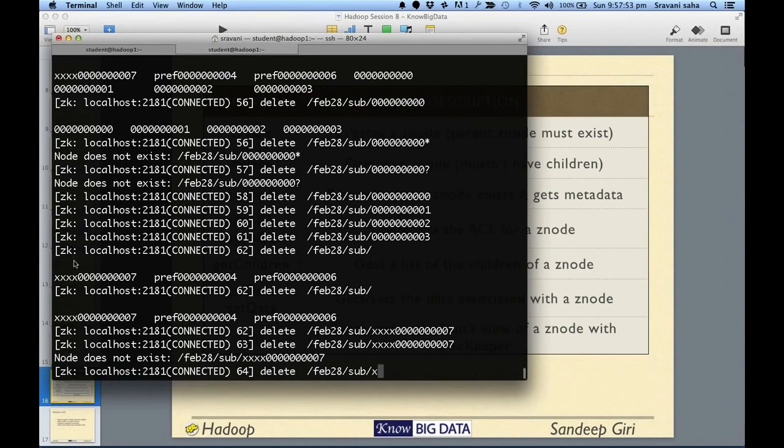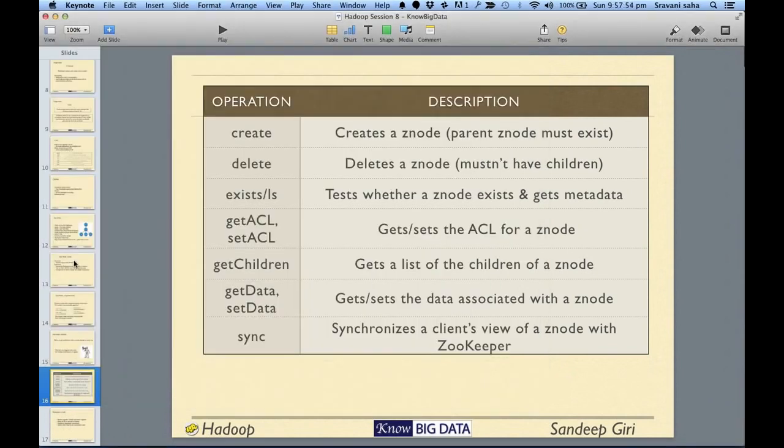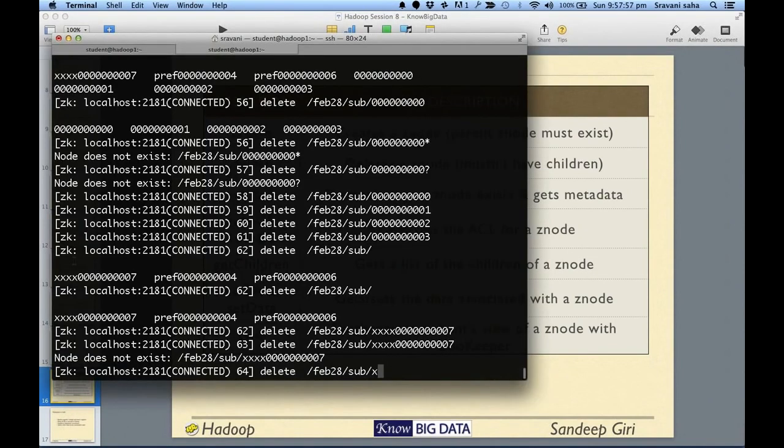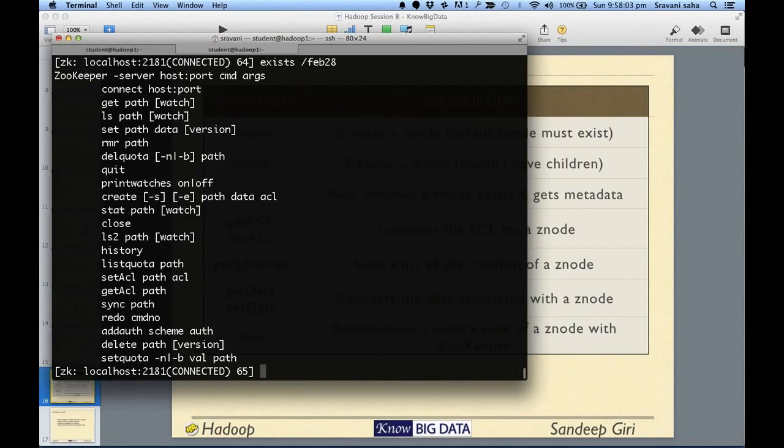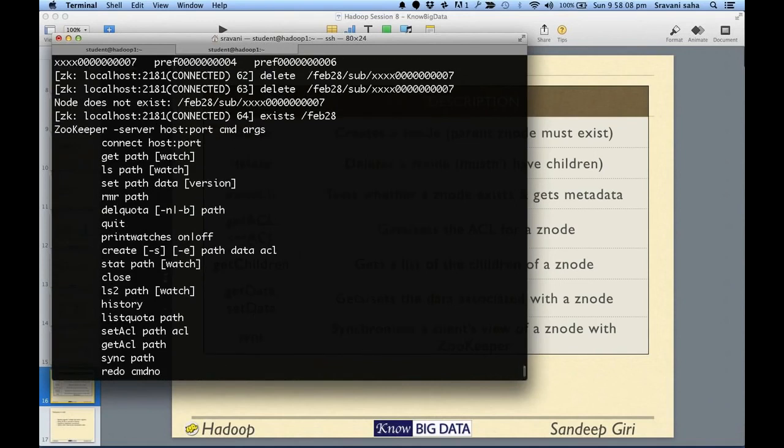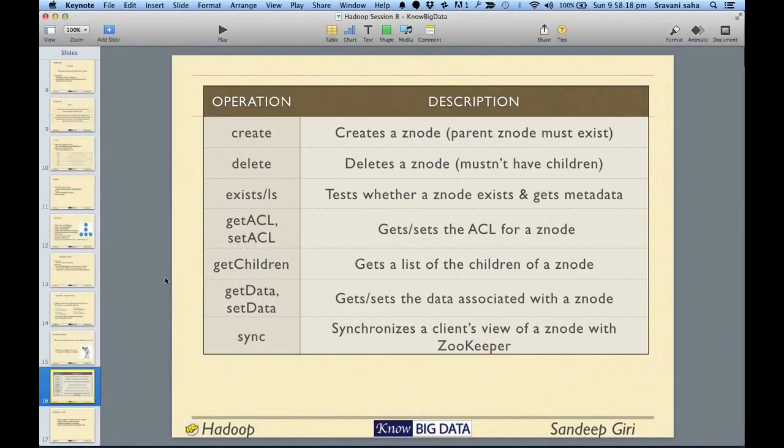So you can delete the nodes and also test whether a node exists or not. We can say fab28, does it exist? Generally the ls is good here, but when you are talking in terms of programming, there is a syntax for exists itself.